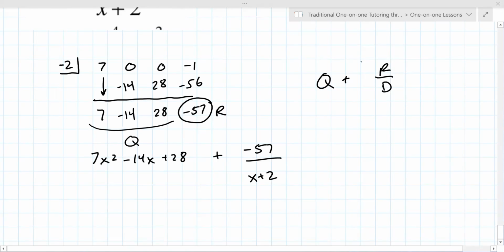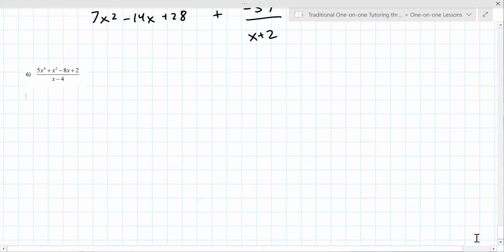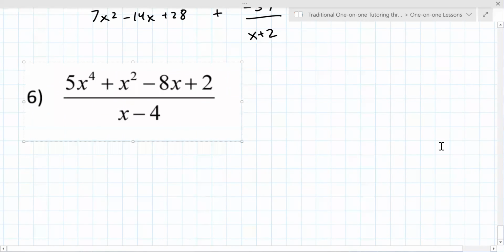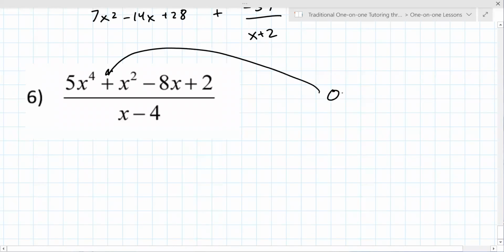All right, last one here. This one, again, kind of probably a good exam question because there's some missing numbers there. So here again, see what's missing there. There should be a 0x cubed in there because it's got to go down by powers of 1.